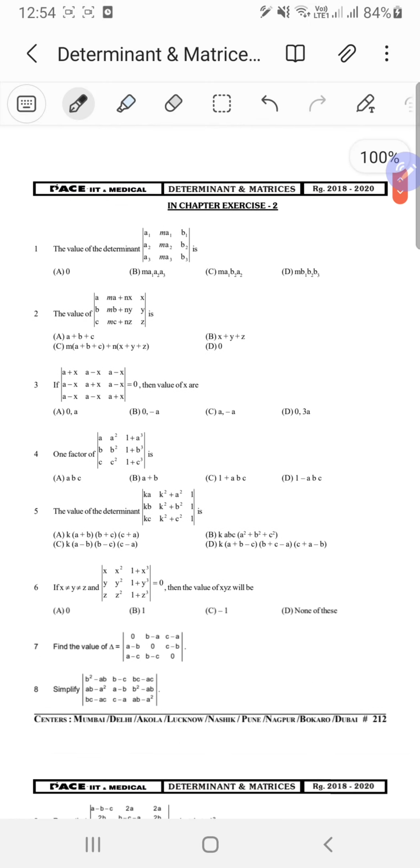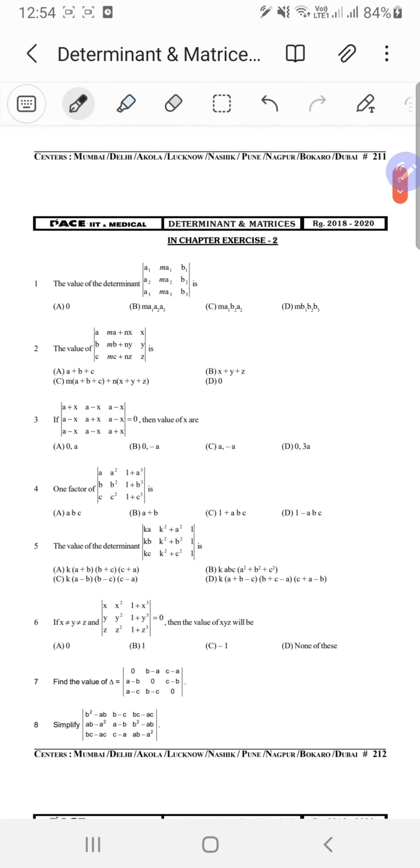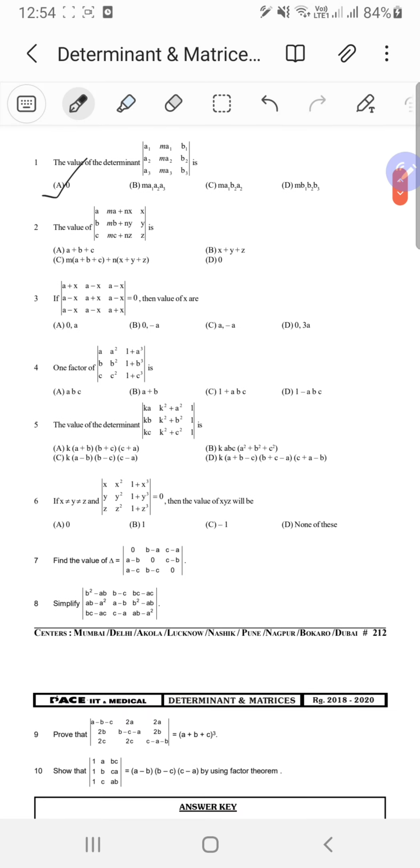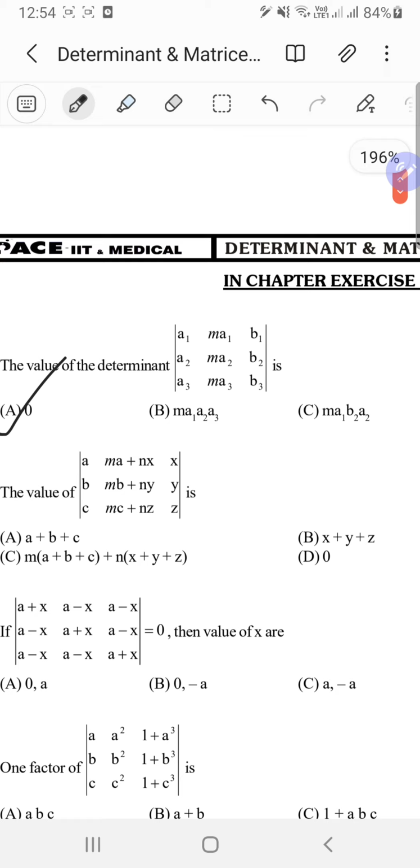Okay, in chapter exercises, so let's try it. The value of the determinant a1, a2, a3, m a1, it's going to be 0. Look at this. This is collinear with that. It is definitely 0. So you will just have to split this thing, right?